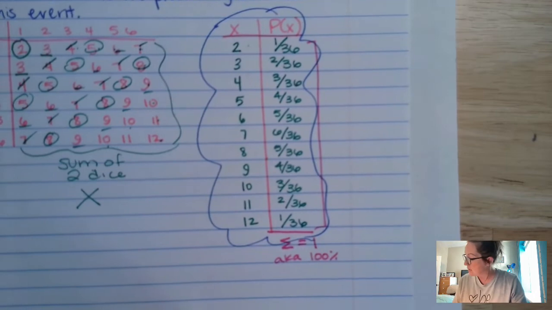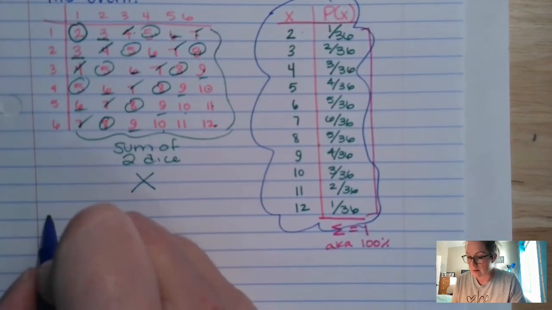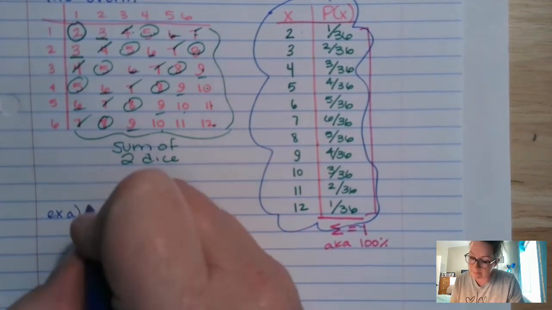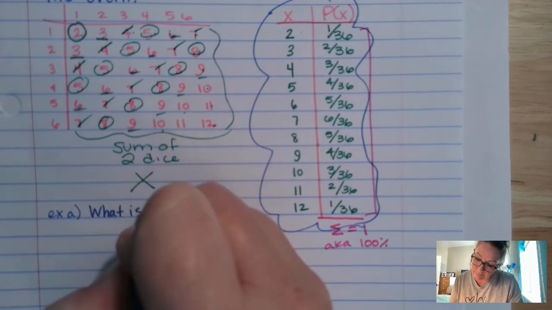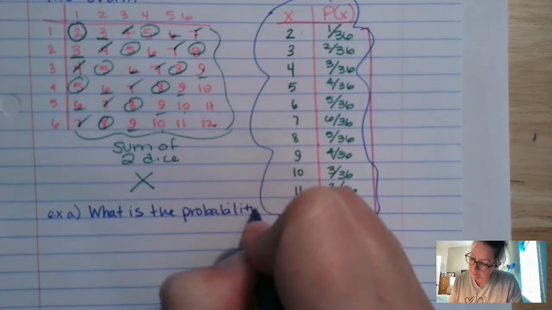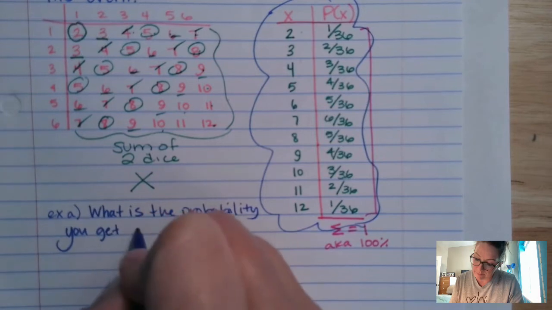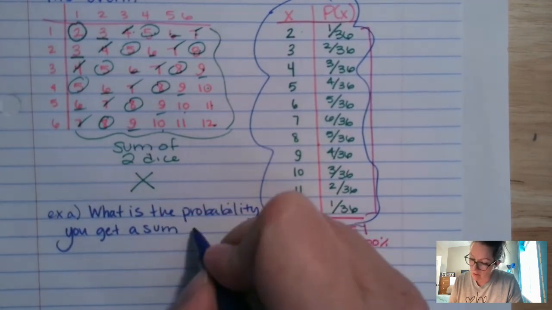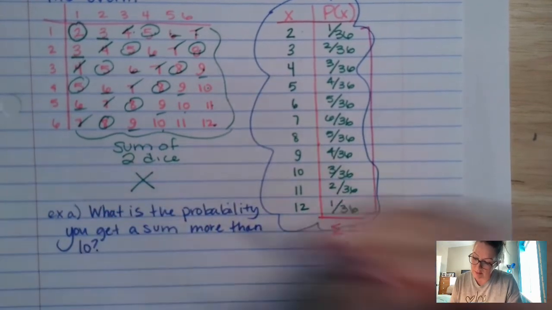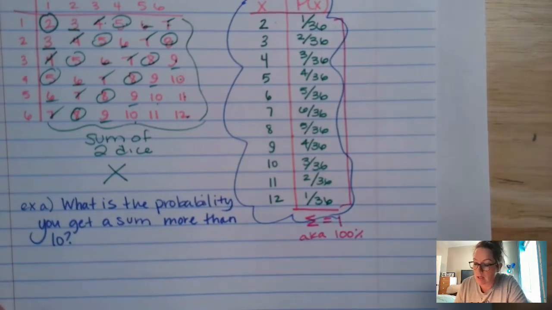So let's go ahead and find, let's say, what is the probability that you get a sum more than 10?